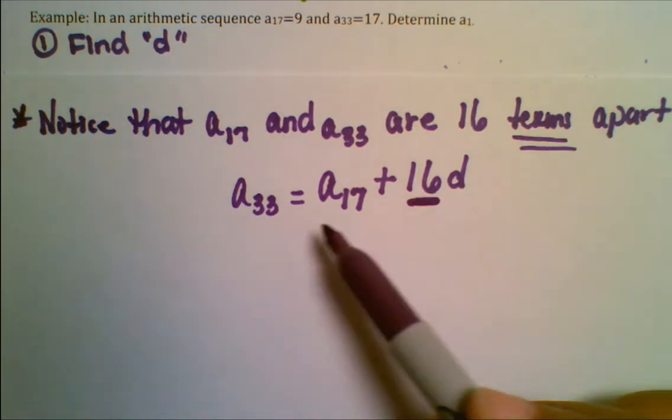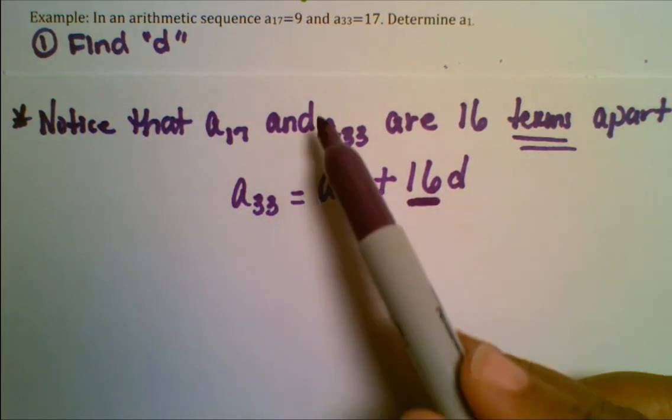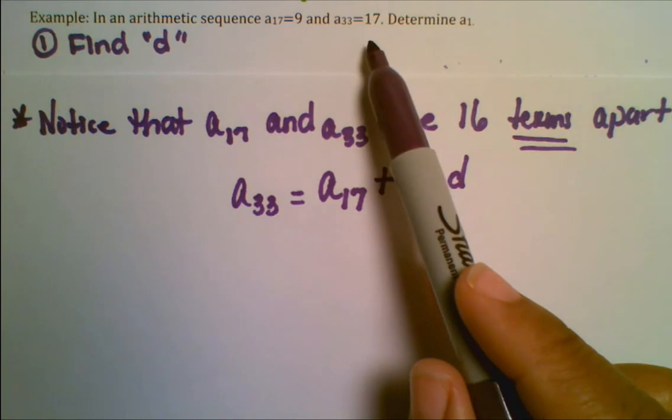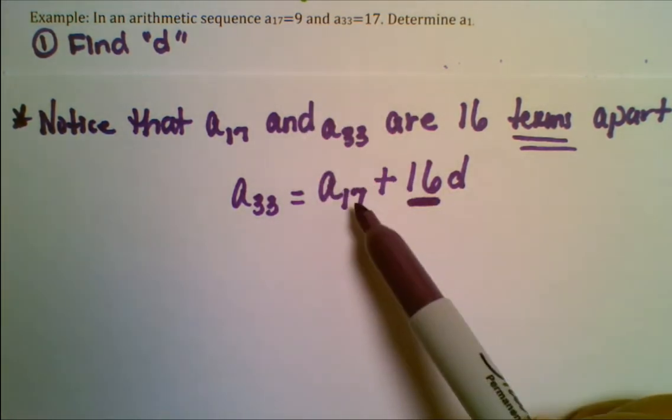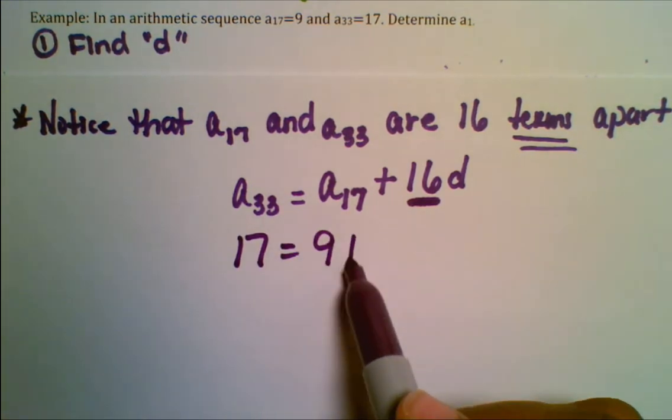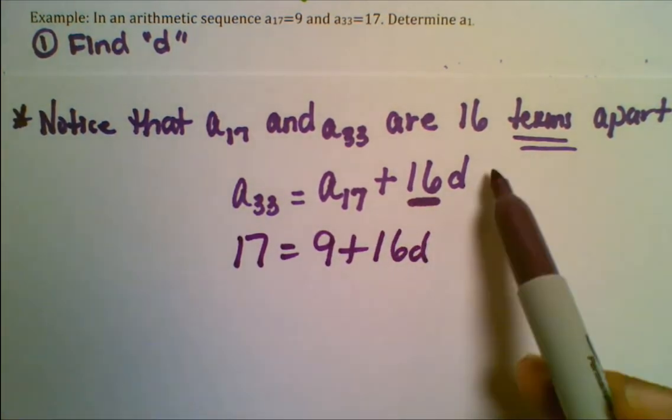Okay, so now what we're going to do is plug in the numbers for a sub 33 and a sub 17, and we have 17 is equal to 9 plus 16D.